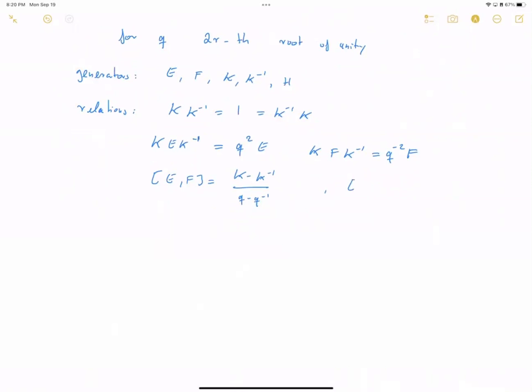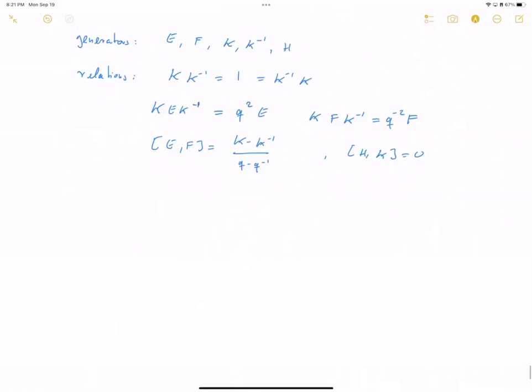This is essentially just the usual quantum group relations. But now you have this additional generator H. H you want to commute with K, and H wants to be the H of SL2 in many respects. So H has commutation relations with E and F very much like in the SL2 case.